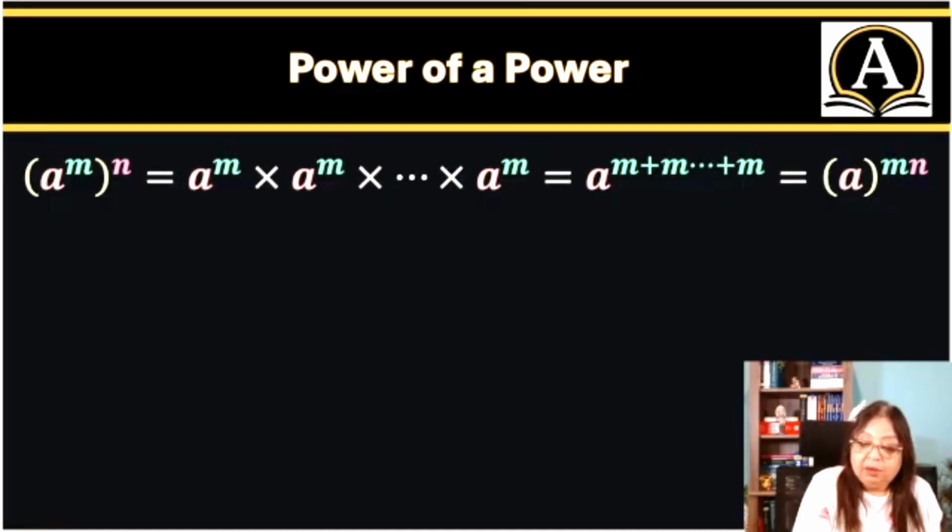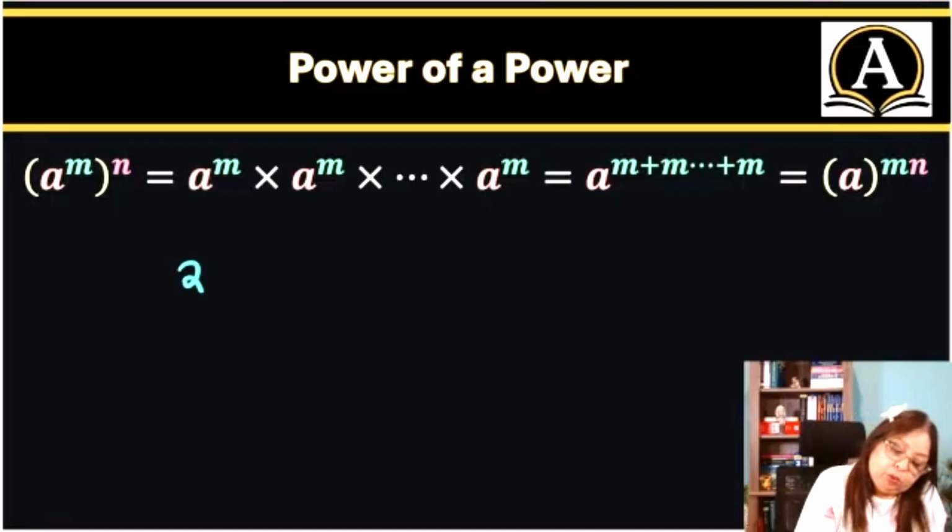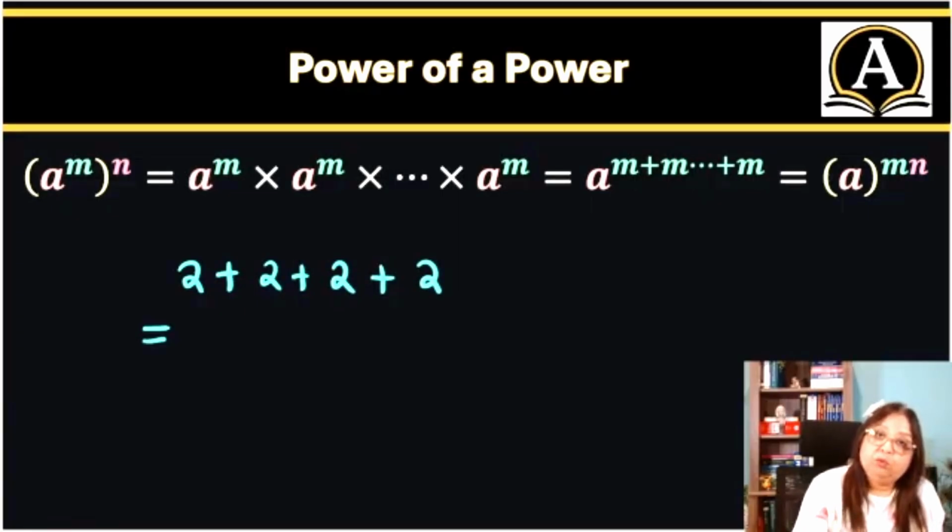Now you know that if you have 2 plus 2 plus 2 plus 2, that means you have 4 2's, that is 4 times 2. So what we're saying here is that we have n number of m's.